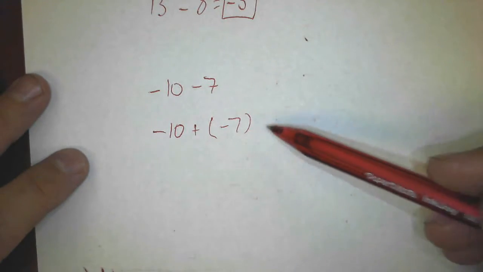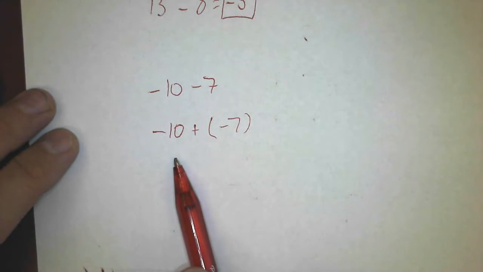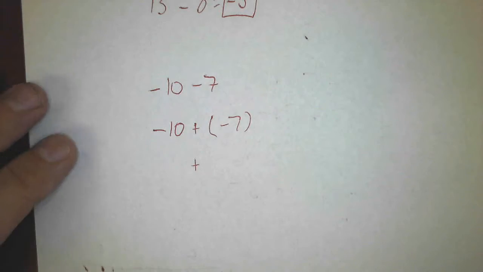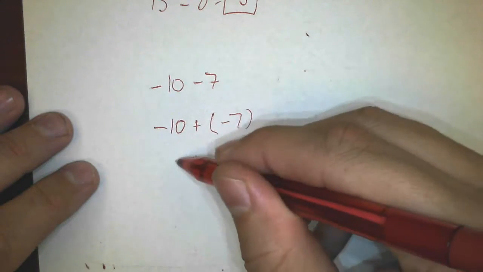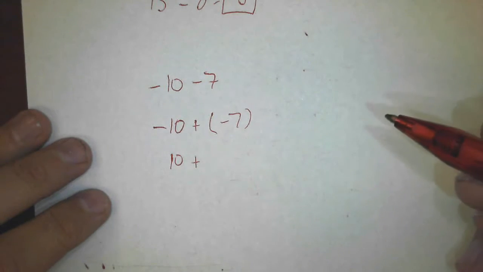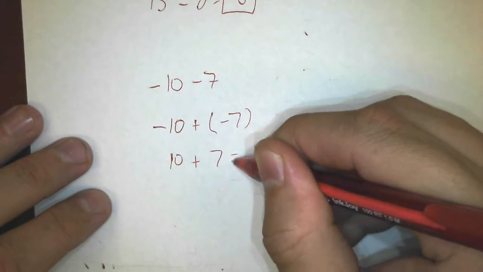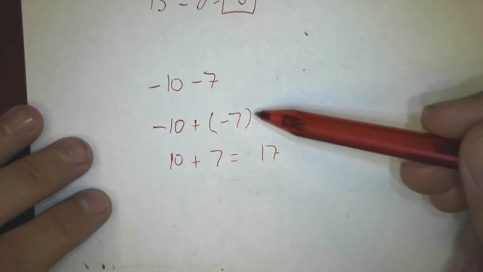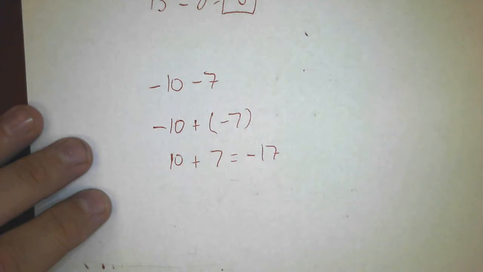So I'm going back to lesson 2 where I see my rule here. I've got addition of two integers with the same sign, so I'm going to add their absolute values. Absolute value of negative 10 is 10. Absolute value of negative 7 is 7. 10 plus 7 is 17. And since both of my integers were negative, my answer is negative.